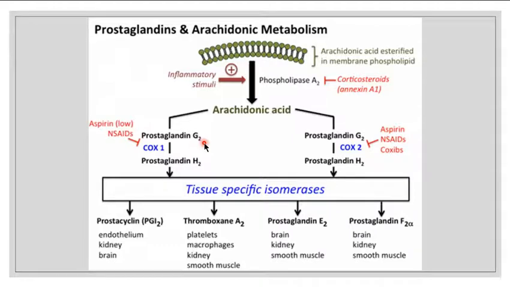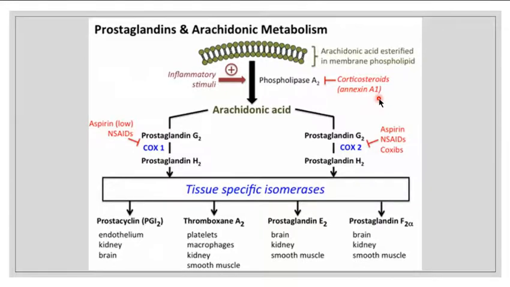However, the synthesis of prostaglandins from arachidonic acid can be inhibited by corticosteroids, as they inactivate the enzyme phospholipase A2 by producing a protein known as annexin 1, whose other name is lipocortin.